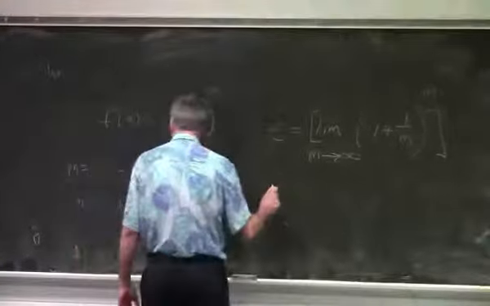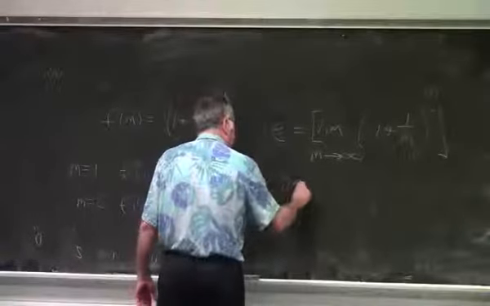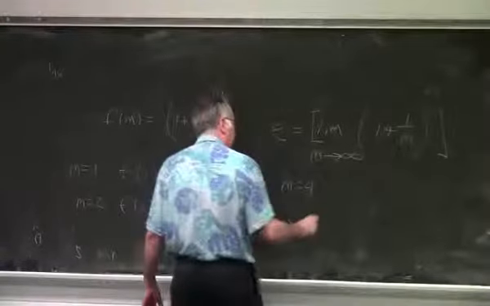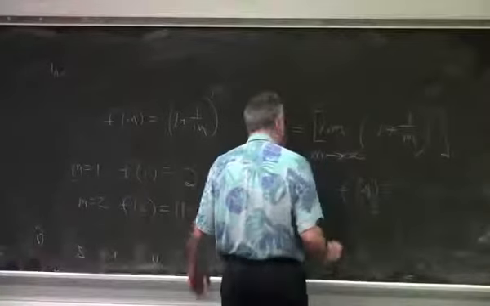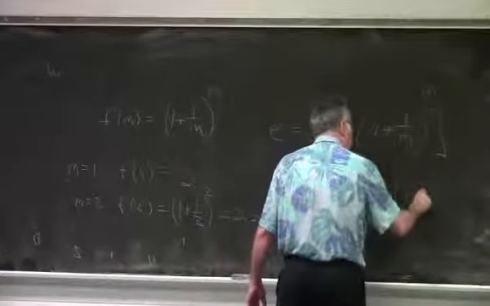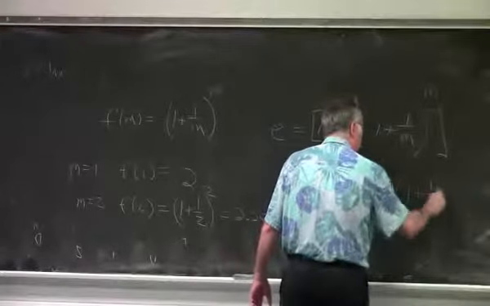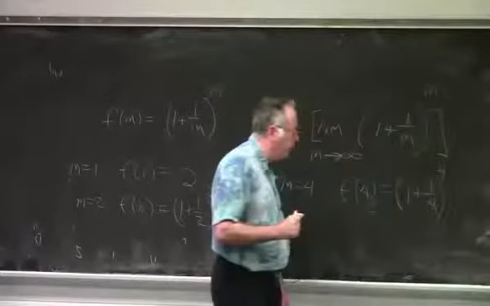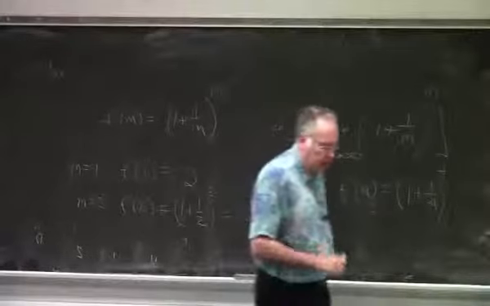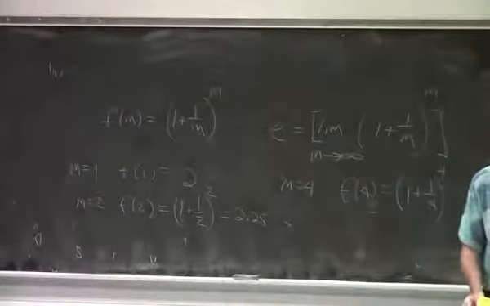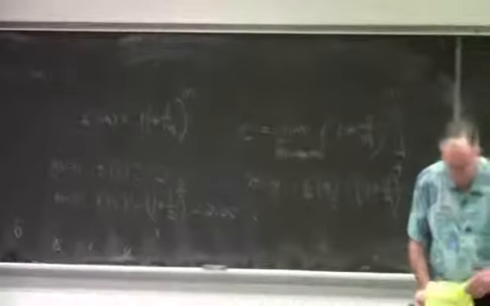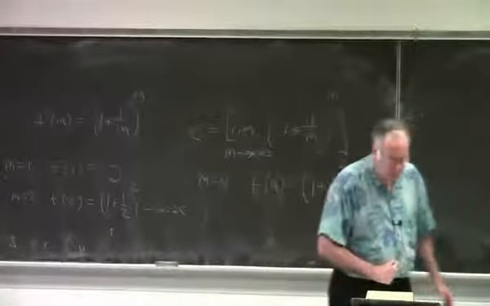What is, let me just jump ahead, what is m equals 4? Then f of 4 is 1 plus 1/4 raised to the 4th power. 1.25 raised to the 4th power is approximately 2.44.